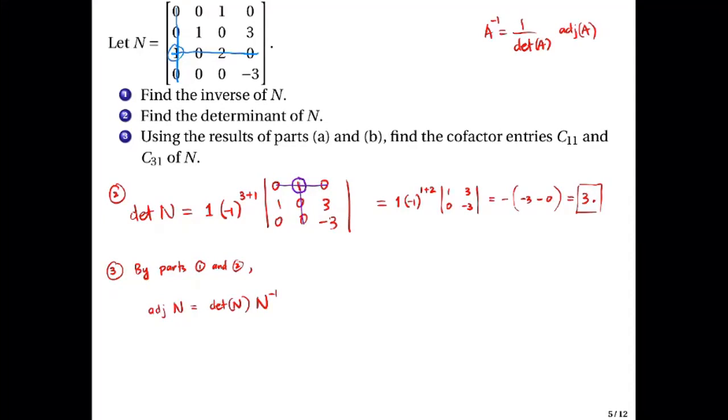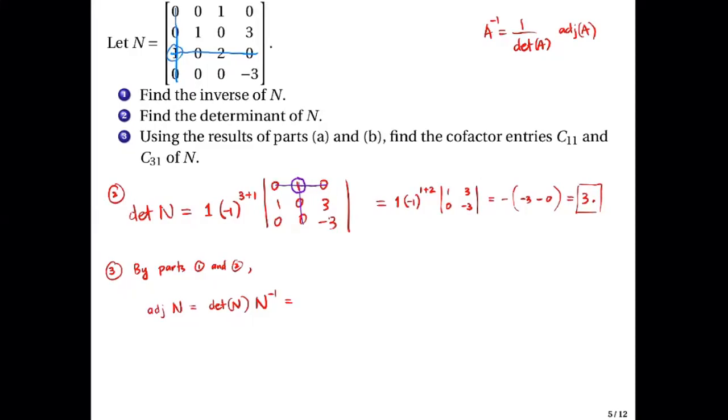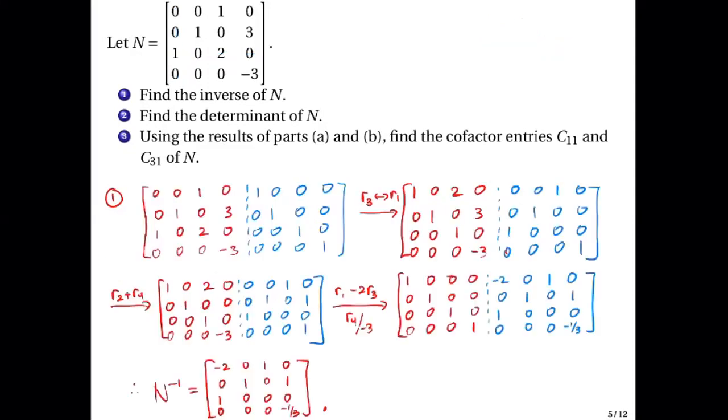Therefore, what is the adjoint? This is equal to 3, that's your determinant, and then we copy this matrix here. This is your N inverse.